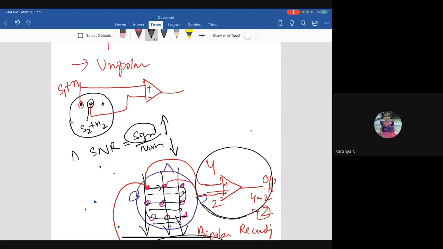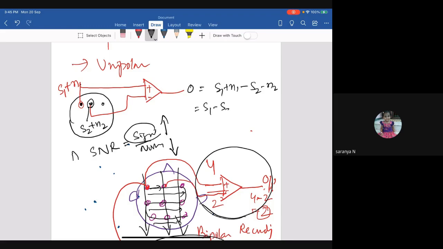But as these two points are very close to each other, most probably the noises would be very much the same, right? Why? Because noise is due to global noise or maybe electrical interference, and as these are very close, they are very much similar. So what will be the output? The output would be S1 plus N1 minus S2 minus N2. Then what will happen?